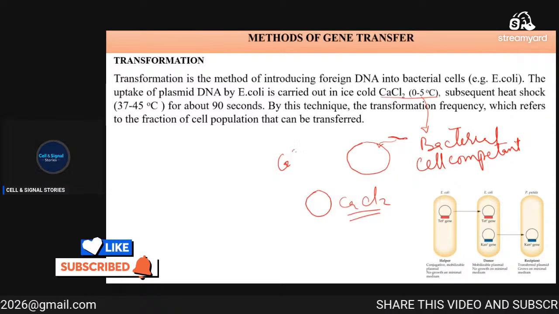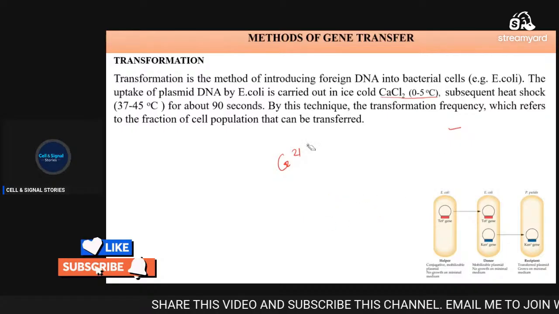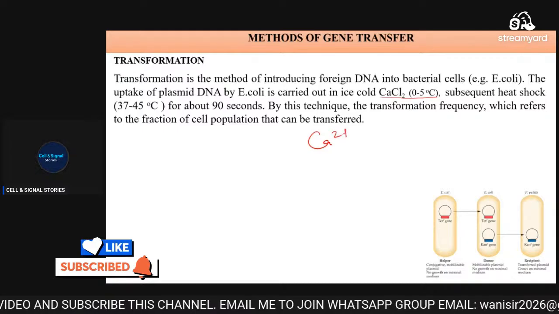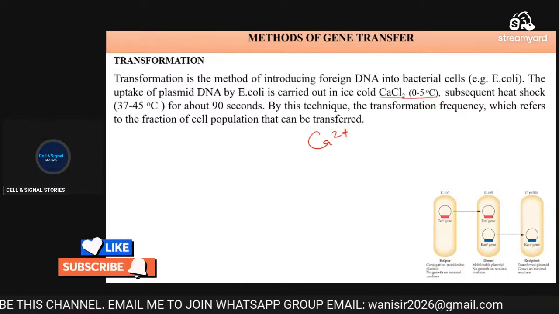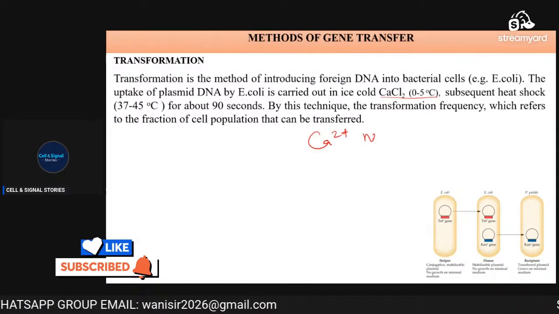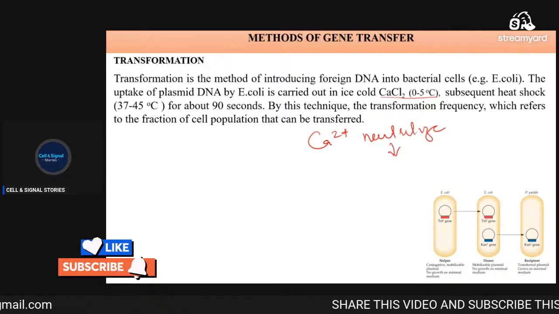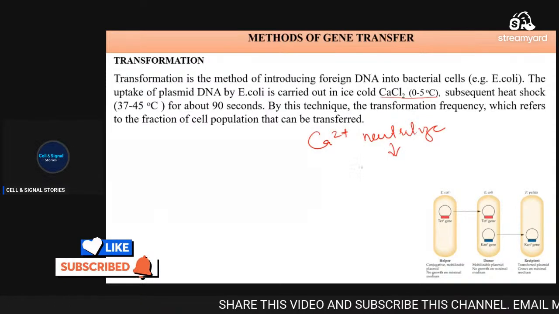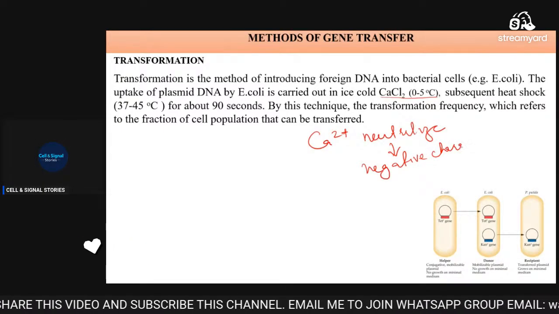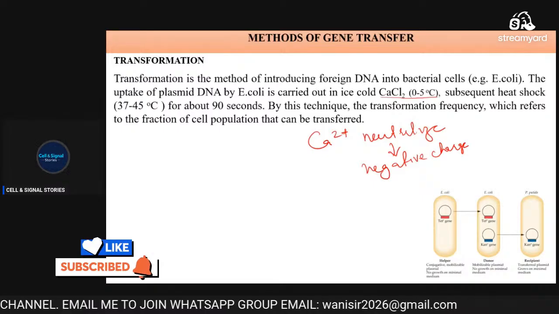Calcium is Ca2+, and these ions neutralize the negative charge. This is the first function of them, that they neutralize the negative charge. Where is this negative charge?